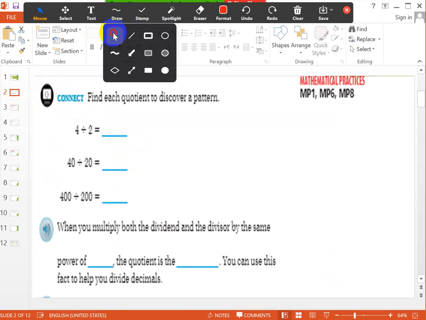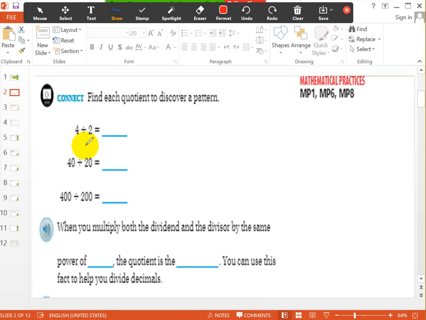So look, if I want to divide 4 by 2, what is the answer? 4 divided by 2 equals 2, right? So the answer for this division equals 2. Okay.